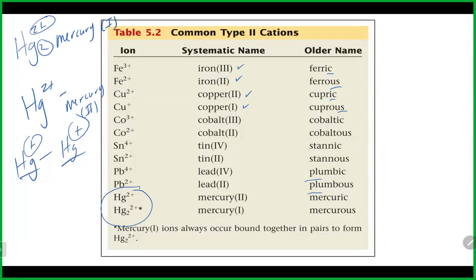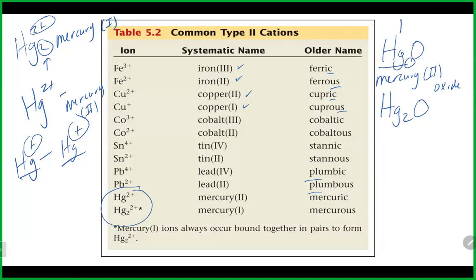How do you know when you're dealing with mercury(I) or mercury(II) in a formula? The 2 on the bottom tends to still be there when you see it in the formula. So for example, if I had this guy versus this guy, this one here is mercury(II) oxide, because there is no 2 on the bottom. That's basically Hg2+ and O2-.